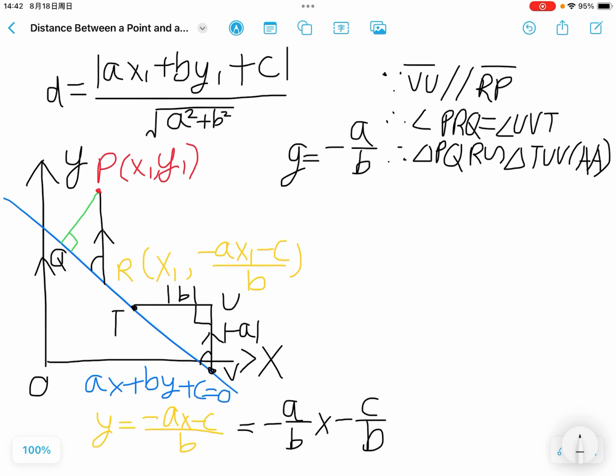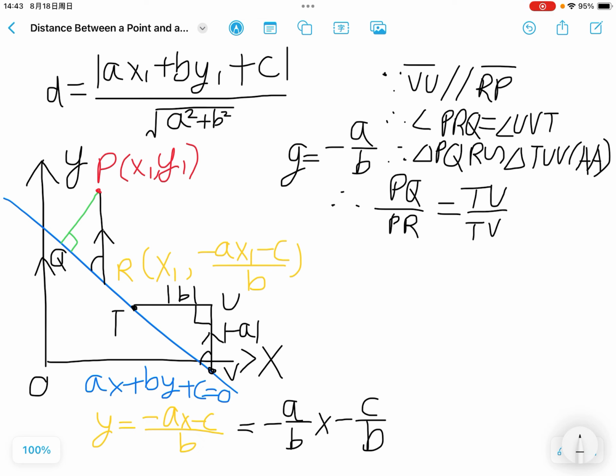So since they're similar, we can have some ratios of the corresponding sides. We have PQ over PR, and that's equal to TU over TV.